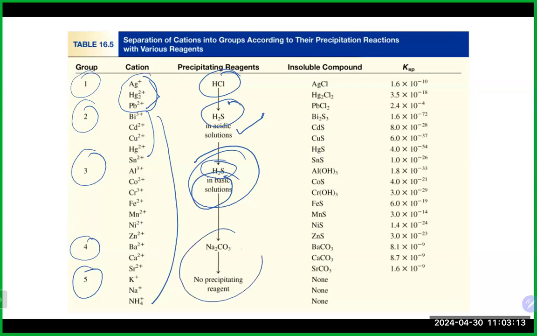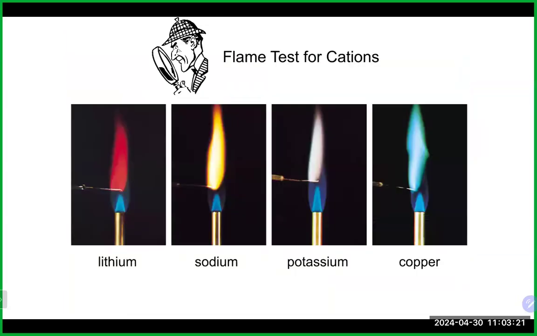At the end here, we typically will end up with guys that are soluble in everything, like potassium, sodium, ammonium. There are flame tests that you could do when you get to those guys that can help you identify those things. Good news is we don't do any of those experiments here anymore, so that's a really good thing, I suppose. I used to teach at a lot of places, and I still do, and that's all they do.